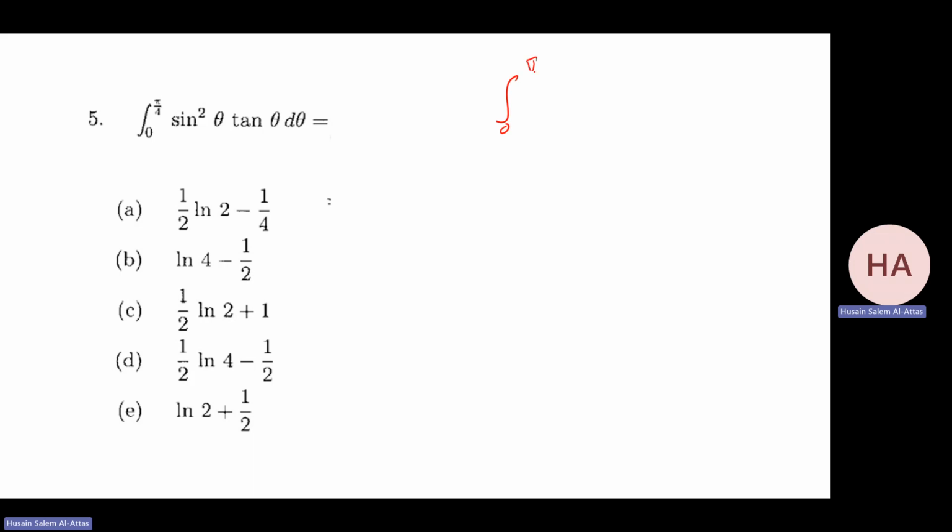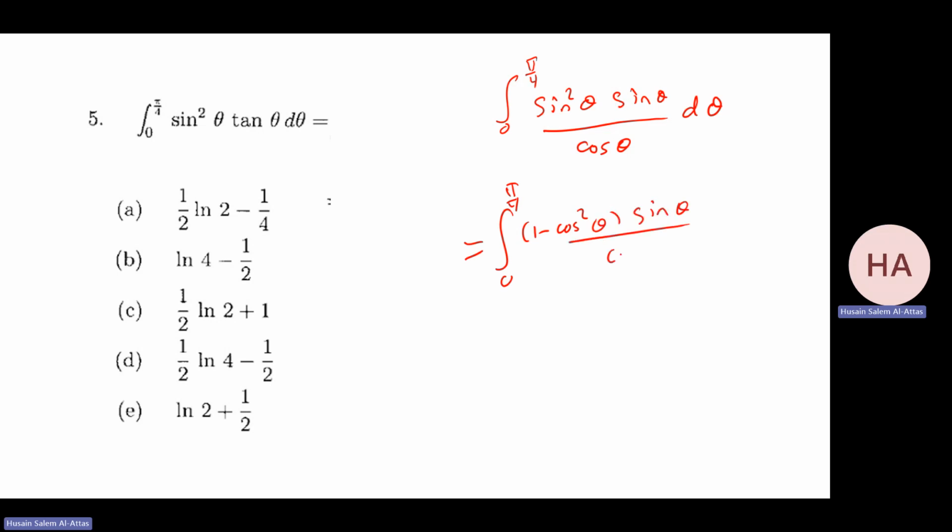Now, the way to do it, I change everything into sine and cosine. That will be sine over cosine d theta. And also I will rewrite sine squared as 1 minus cosine squared theta, sine theta over cosine theta d theta. Why will that help?